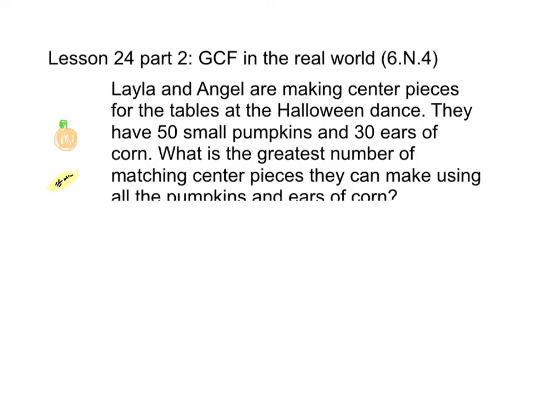So if I have 50 pumpkins, P for pumpkin, and 30 ears of corn, C for corn, I would go ahead and find the GCF because that will tell me how many centerpieces they would be able to make.